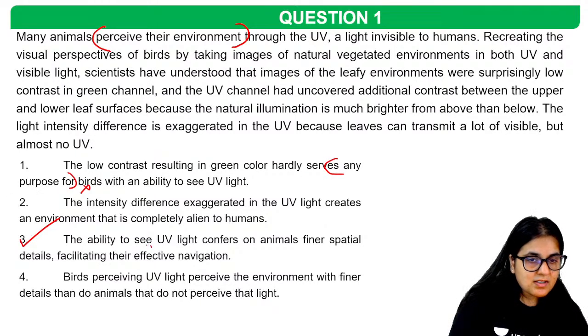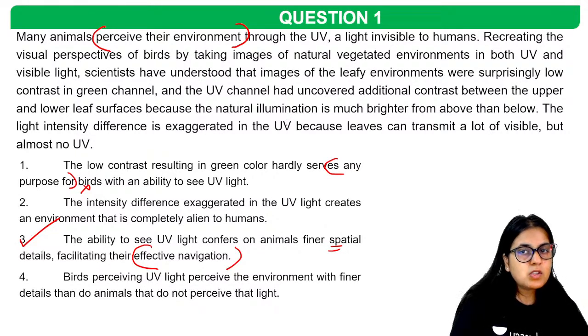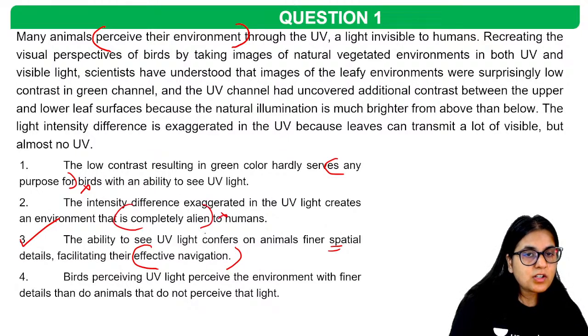What is important is this effective navigation or perceiving the environment or spatial details using UV. Completely alien to humans, that's not even the key idea. And it says animals do not perceive that light. No, humans do not perceive that light.